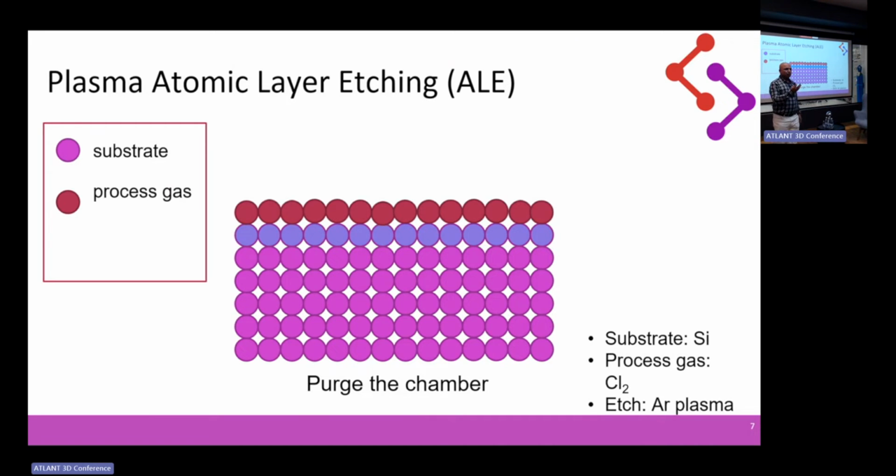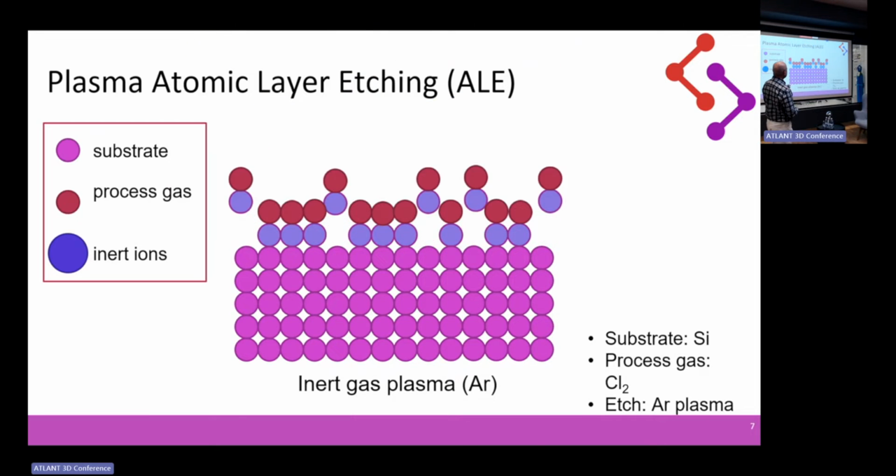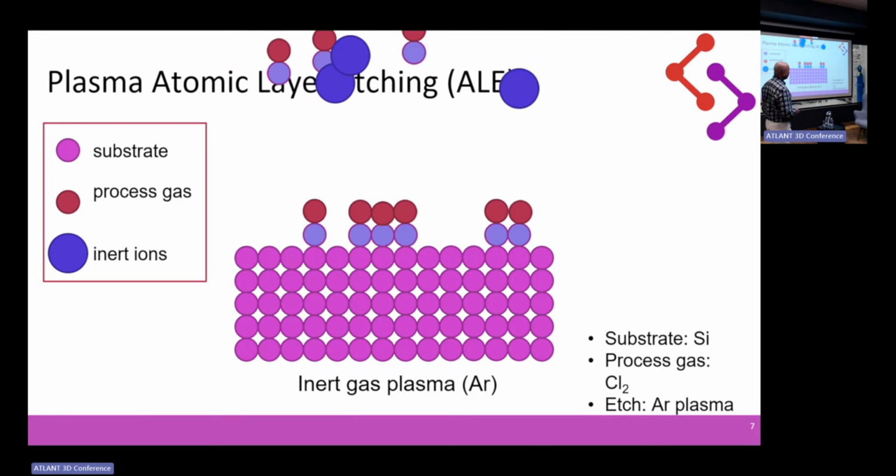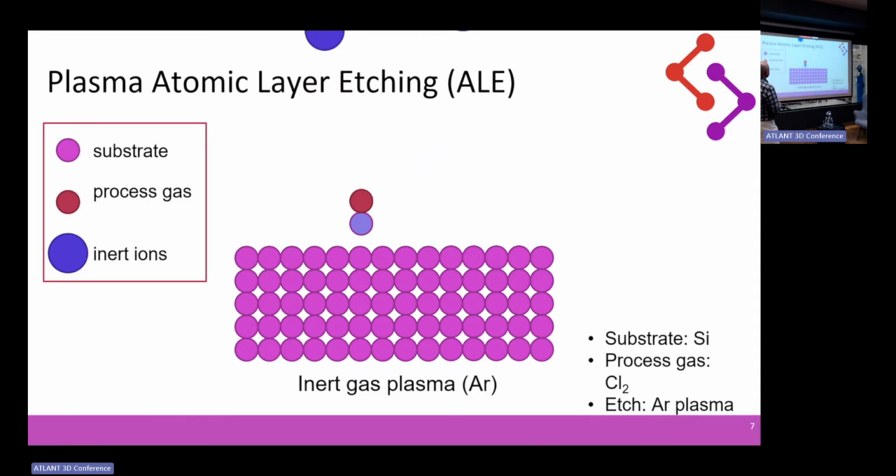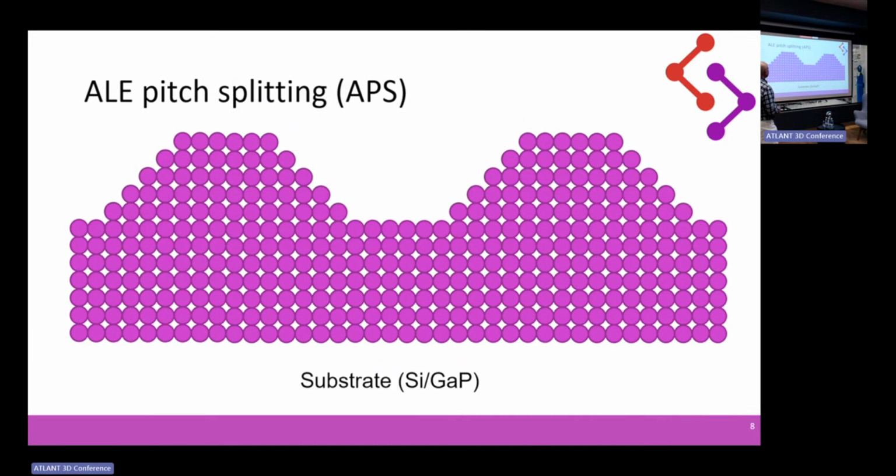That's the lowered binding energy after this modification. And then we irradiate the surface to easily remove these products. This is the argon layer, argon radicals. So this is how one surface layer is removed by this ALE process.